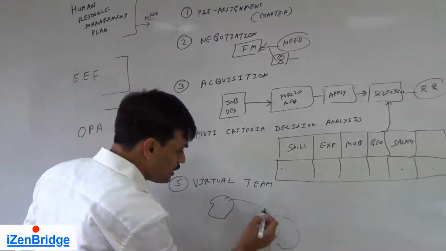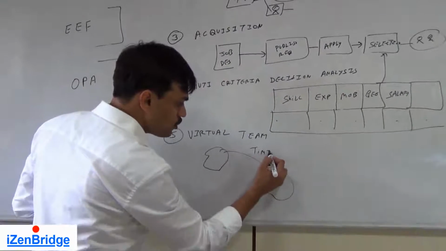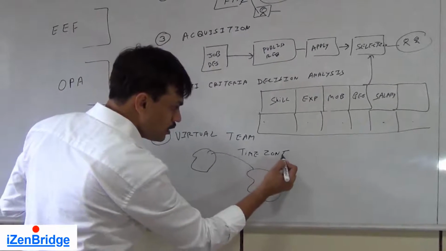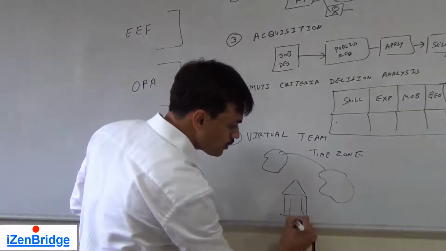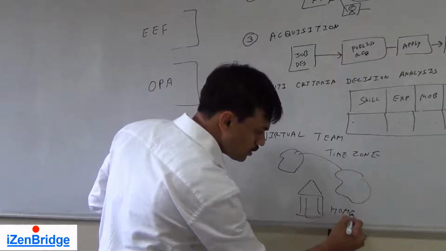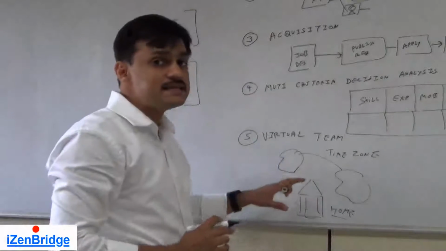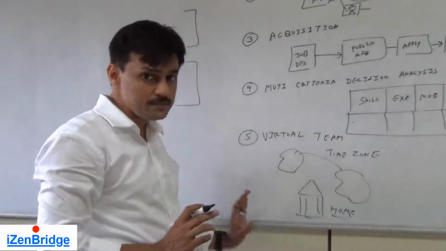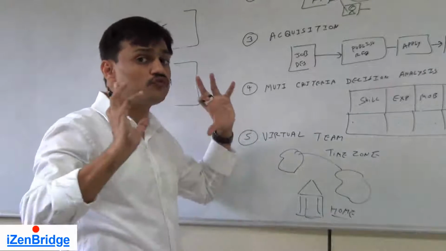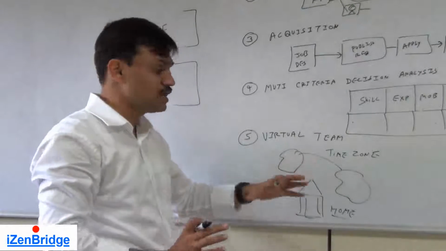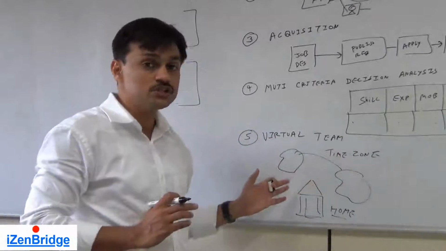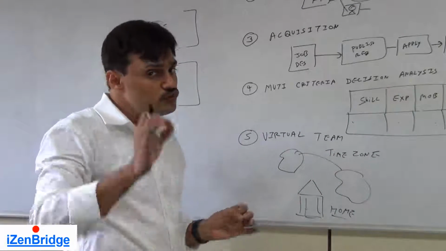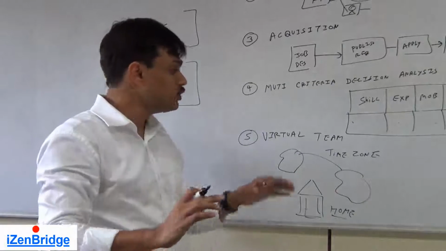They may be working from a different time zone. They may be working from their home. Now, it is not always easy to manage virtual teams. You need to use a good amount of technology to bridge the physical proximity gap you have with your resources.